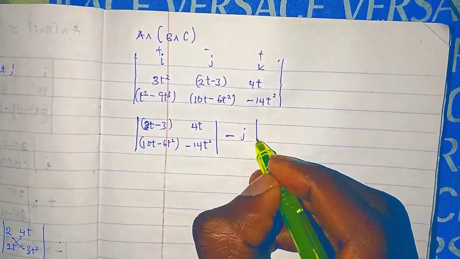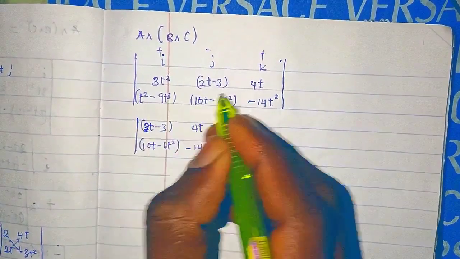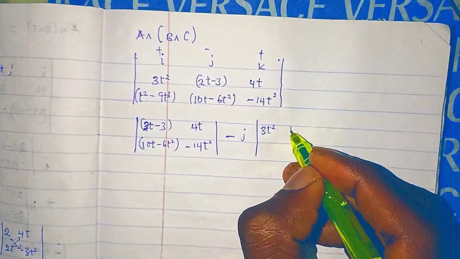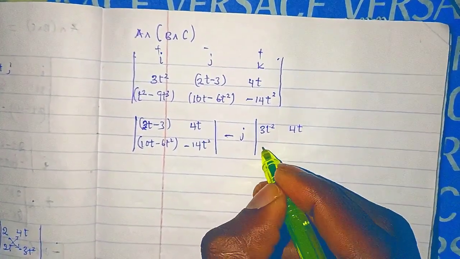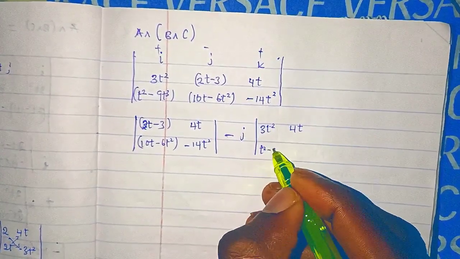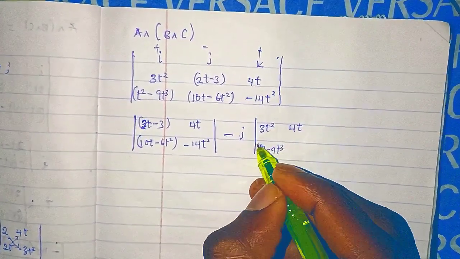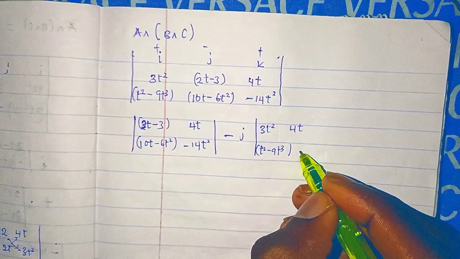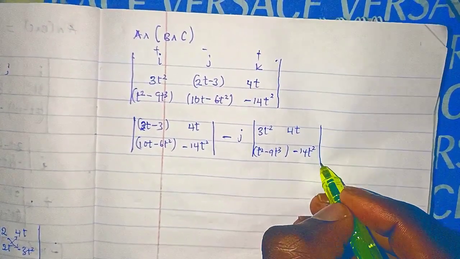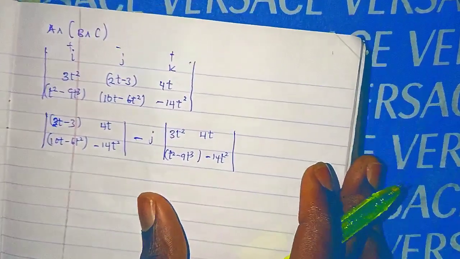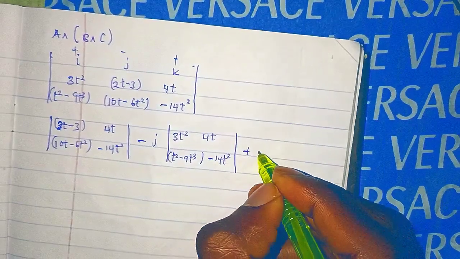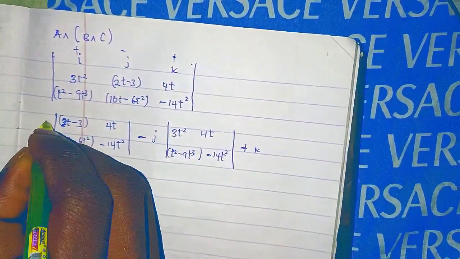For j, we'll pick this and this. It's going to be 3t squared and 4t. We'll have t squared minus 9t cubed, and then minus 14t squared. Now this is plus. Okay, so this is I.